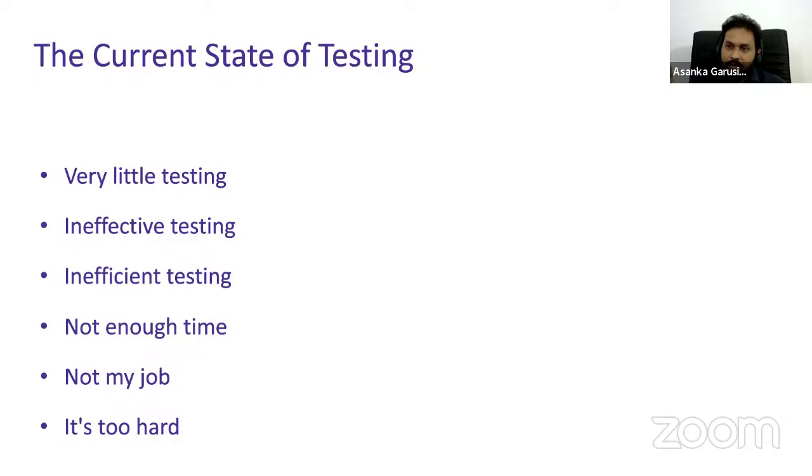You can see the slide, right? The current state of testing: very little testing, ineffective testing, inefficient testing, and not enough time. Not my job. It's too hard. These are the things I have frequently seen in the industry.